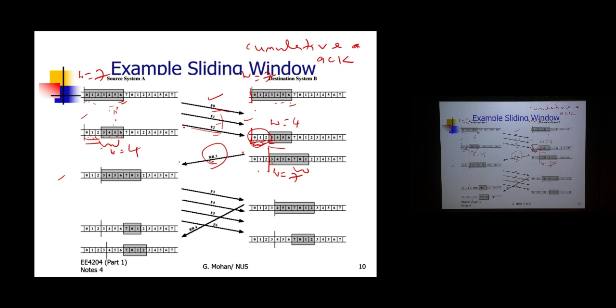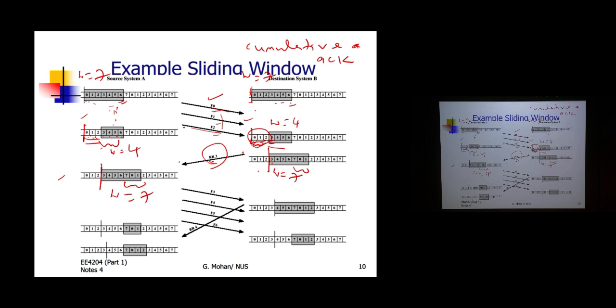So since it acknowledges 3 frames, the sender will expand by 3. So you can see this has expanded by 3. So W becomes 7, and you can see this vertical bar has moved here, because all the frames which have been transmitted by the sender have already been acknowledged. Any doubt?